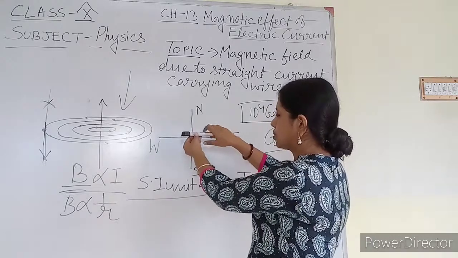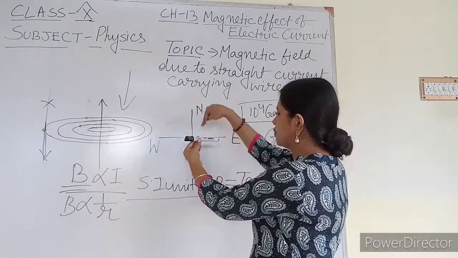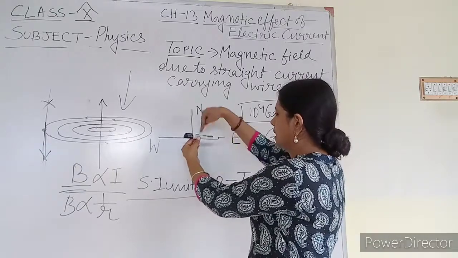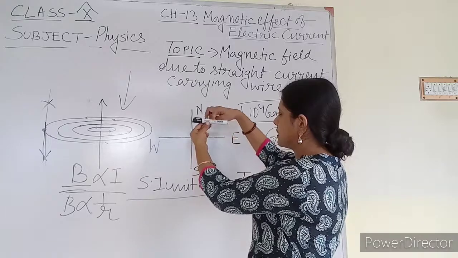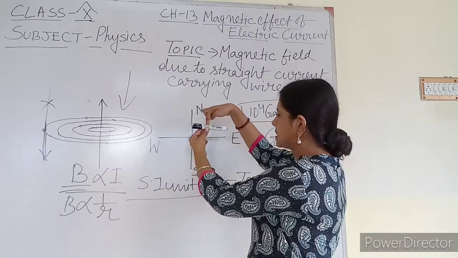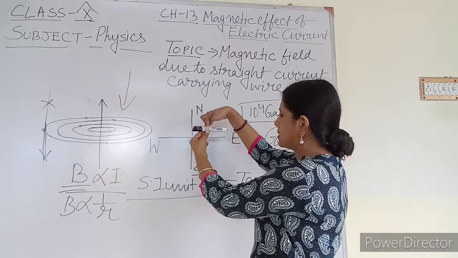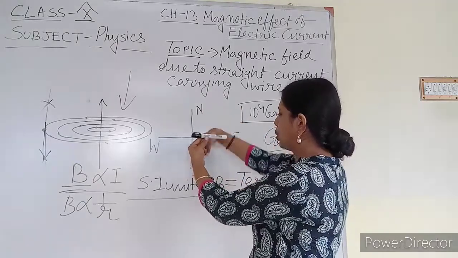So I am holding this one and my finger is moving like this. This is the movement of the finger. So below means this is the point. At this point, in which direction is it? This is the south direction.